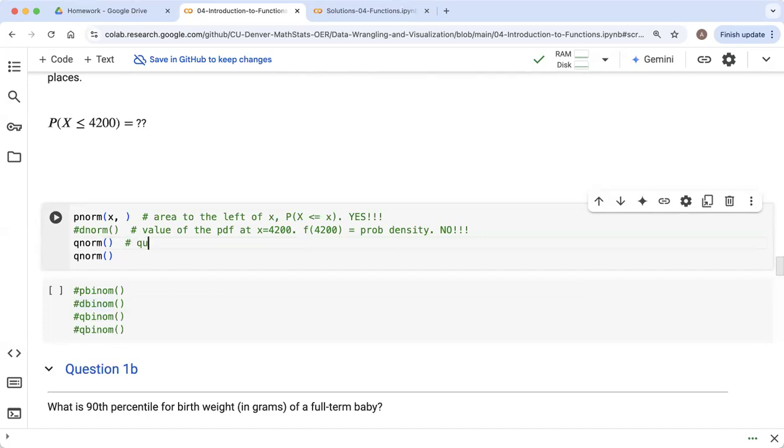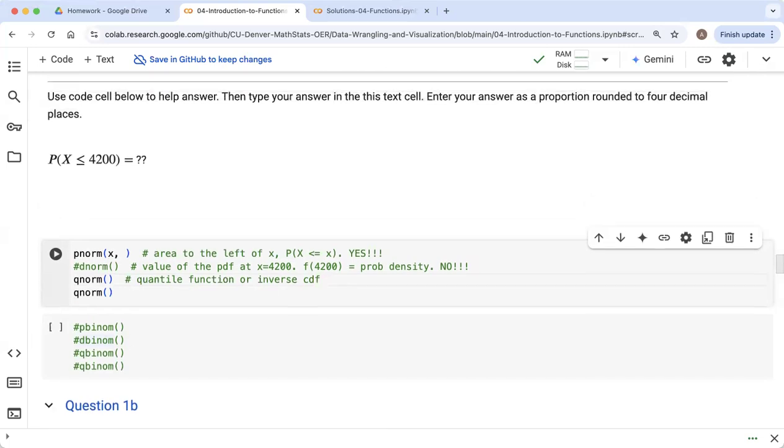The q-norm function is a quantile function, and this is kind of like the inverse of the CDF. This is what we use to find percentiles.